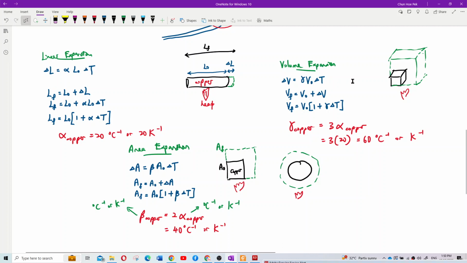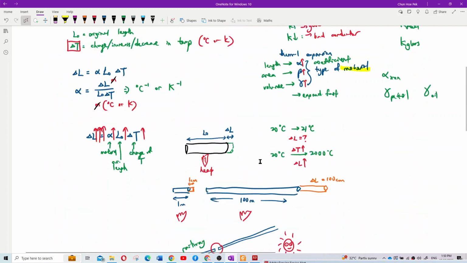If you have a copper cube and you want to find the change of volume when heated up, then you need the gamma. The gamma is 3 times the alpha for this copper material. Alpha, beta is 2 times. Volume, 3 times. So easy.